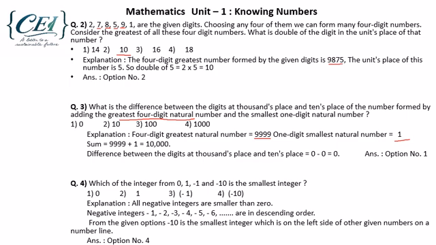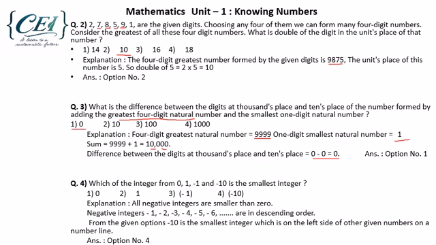The sum of both is 10,000. What is the question? Find the difference between the digit at the thousands place and the tens place. At the thousands place, the digit is 0, and at the tens place, the digit is 0. So 0 minus 0 is 0. Option 1 is the right answer.